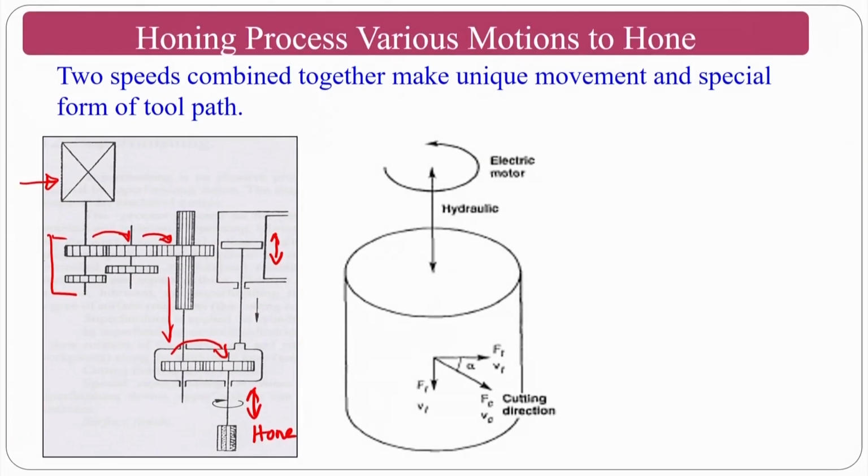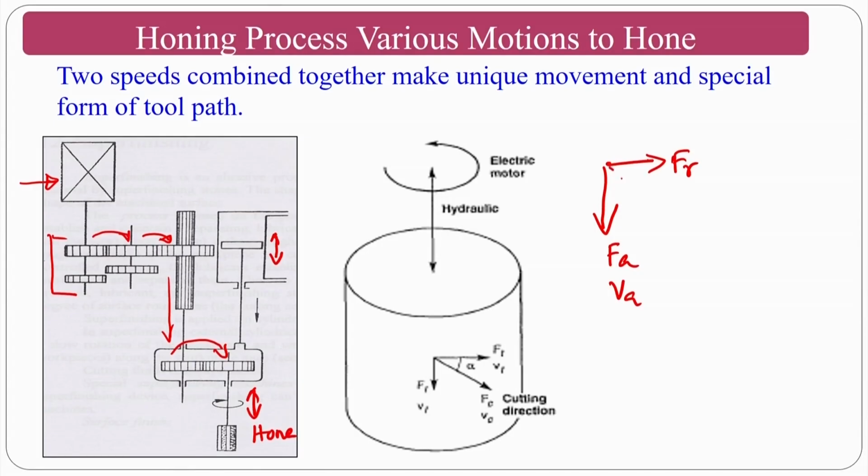Whenever you have rotary and reciprocating motions, you will have forces as well as velocities. This is the axial direction. Normally you will have an axial force. If the abrasive stick is there, then you will have a radial force, and you will also have axial velocity, while radial velocity will normally be very minimal.